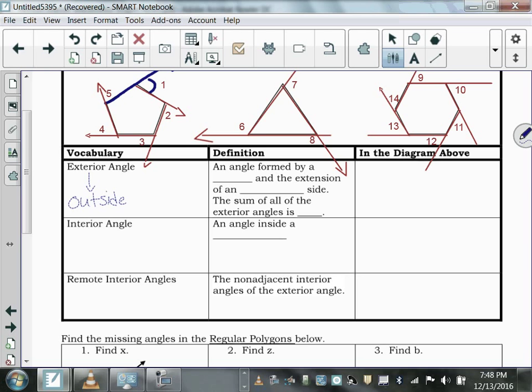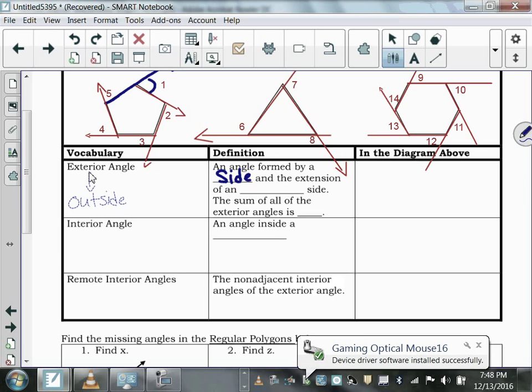In this case, it is an angle formed by a side and the extension of an adjacent side. What's really important here is that the sum of all of these exterior angles is 360 degrees. That's going to hold for every single picture that you're going to have. It doesn't matter what shape you have, what polygon, nothing. All that matters is that it is 360 degrees.